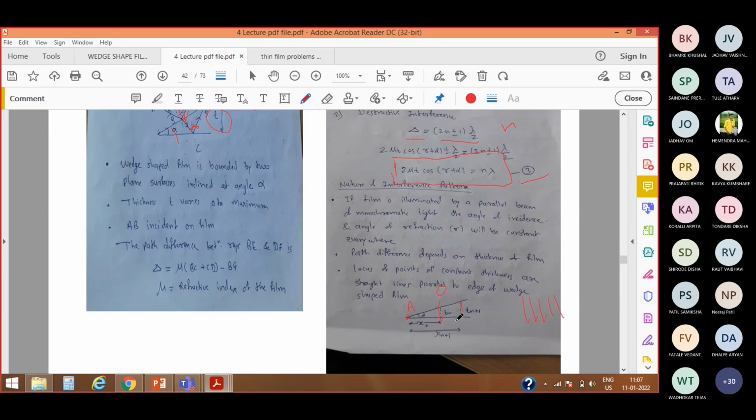Then I considered another line. Suppose this is your black line and this is your white line, so I took another line. The distance of this fringe from the edge is x of n plus 1, that is the next one, and the thickness of this white line is T of n plus 1. Okay.